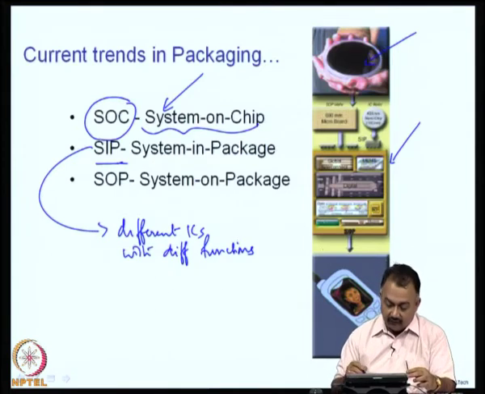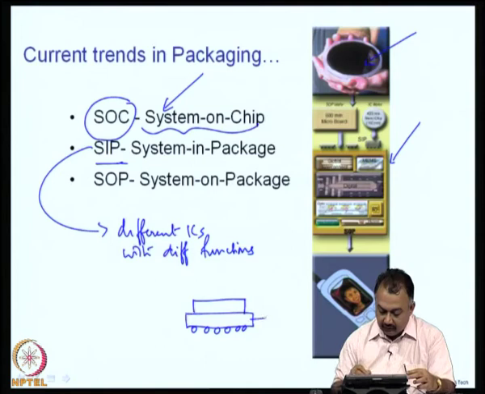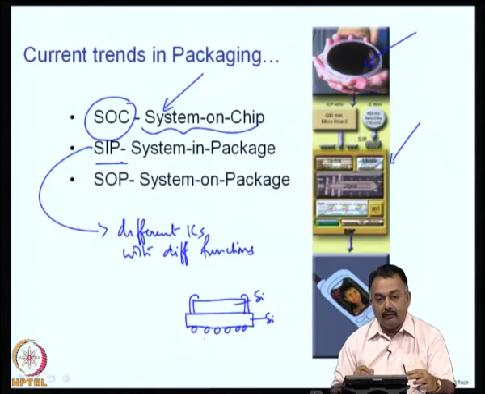Now, all you do is outsource or buy these different active devices and then package them together. For example, a simple figure would be a simple IC here. Now, you take another IC, this is silicon, this is silicon. We place this silicon on the first silicon device and interconnect it. This can be, for example, a cache, and this can be a microprocessor.